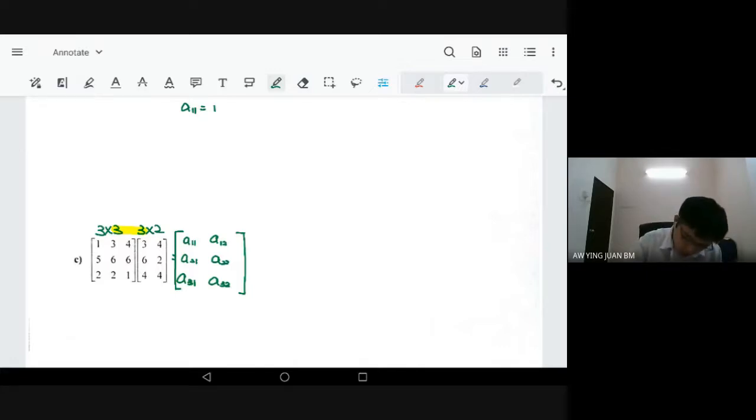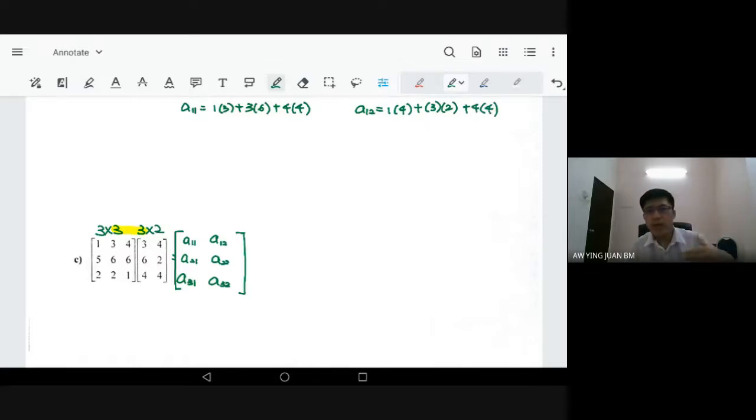Iaitu 1 darab dengan 3, tambah 3 darab dengan 6, tambah 4 darab dengan 4. Itu adalah A11. Sambung, A12. Perlu rujuk row 1, column 2. Iaitu 1 darab 4, tambah 3 darab 2, tambah 4 darab 4. So, itu adalah prosedur untuk 1, 2. Teruskan. Iaitu A21.